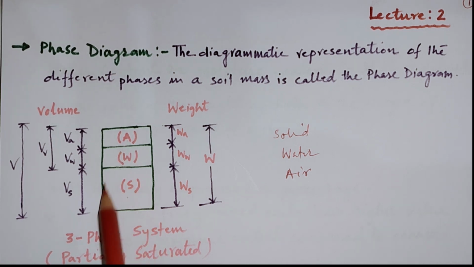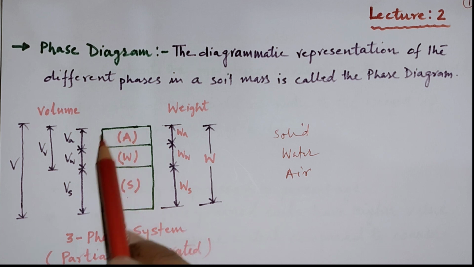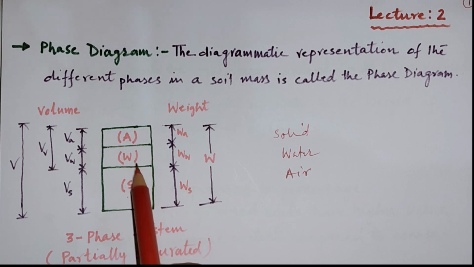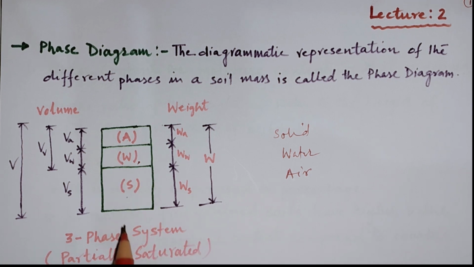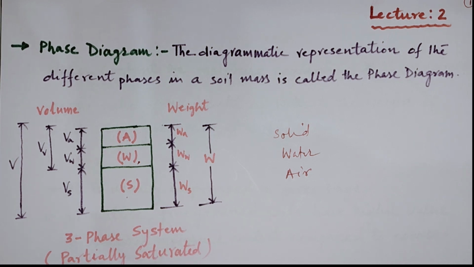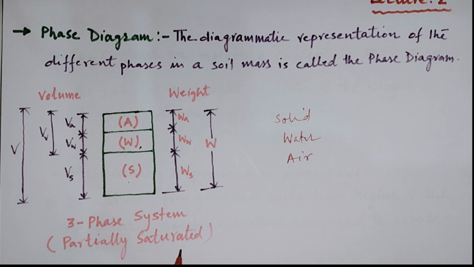The solid particles are surrounded by some voids, and the voids have either air or water or both present. So here we can see there is a three phase system, and the soil is partially saturated.